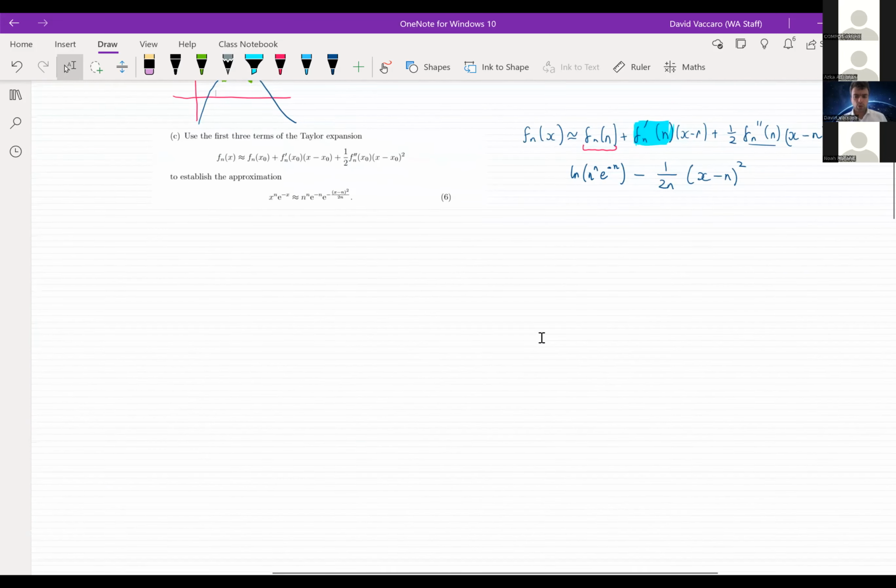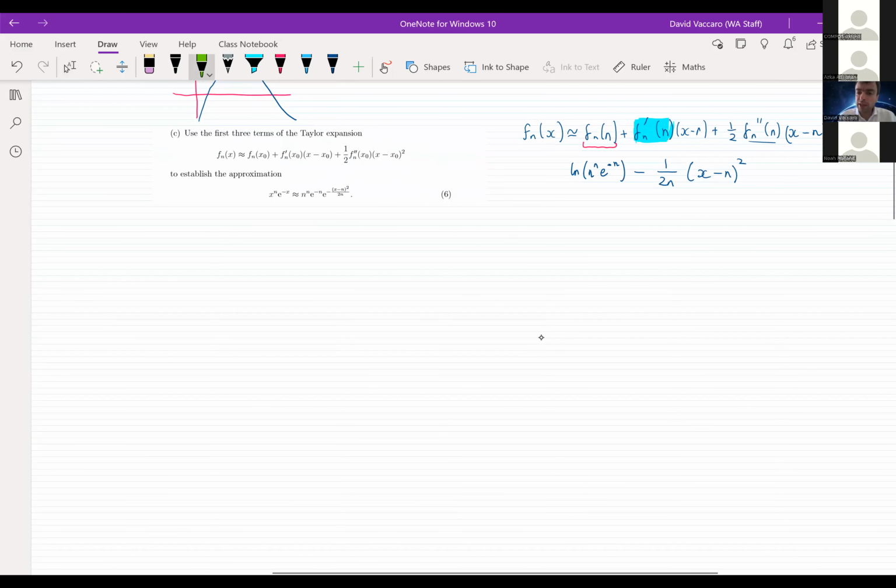Okay, so right, we've got the approximation to our function. We now remember what our function was. It was the natural log of x to the n e to the negative x. And now I can just exponentiate both sides.